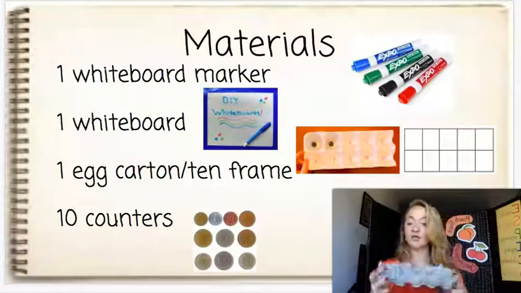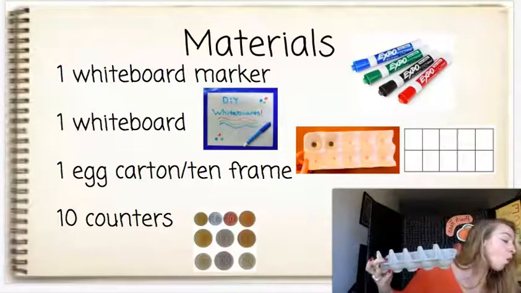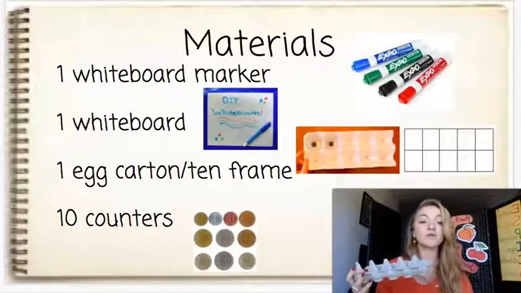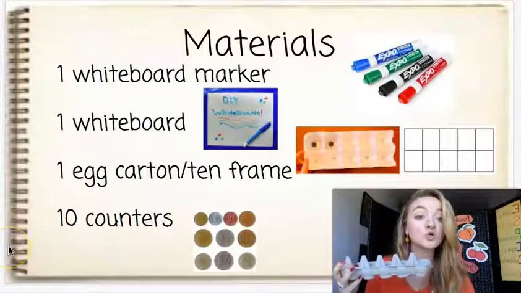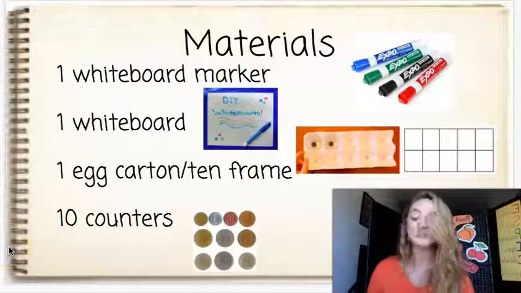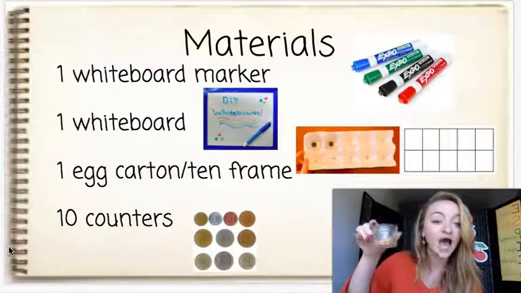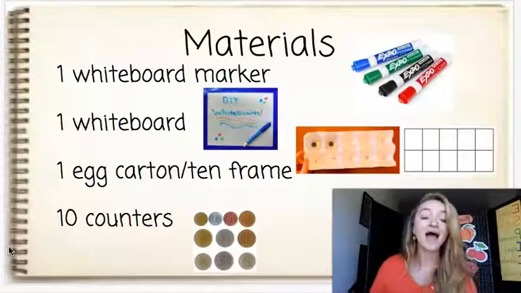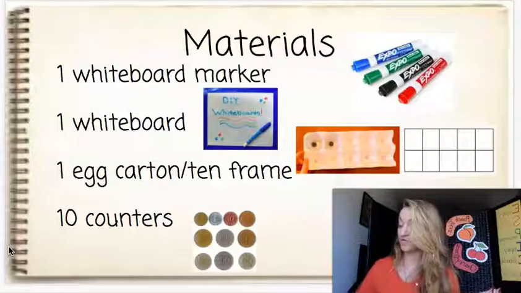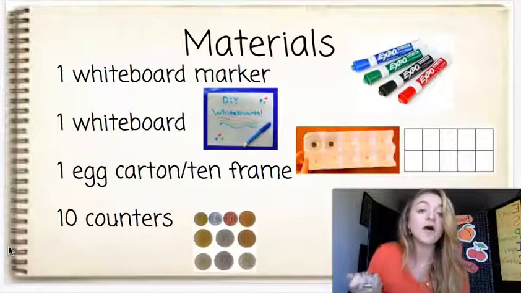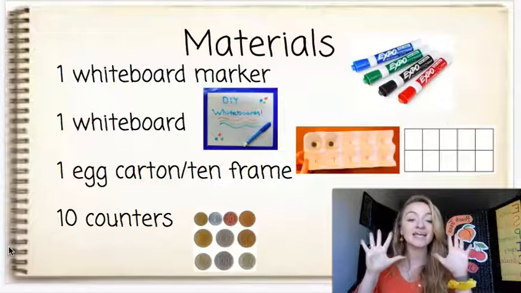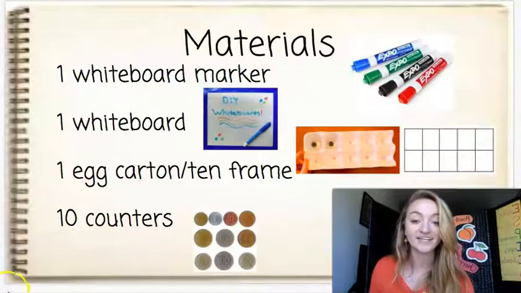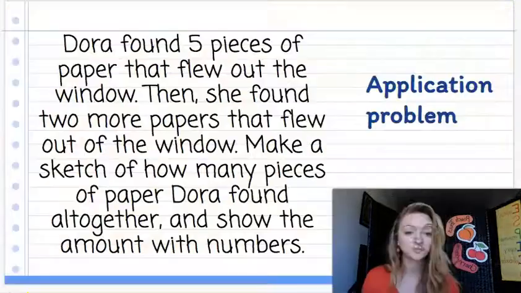You might have made an egg carton. Maybe you did. Or maybe you made a paper plate frame. You could use that too. And also make sure that you have 10 counters. Today, I'm going to use macaroni, but I'm not sure what you used for your counter. You could have also used coins, but you're going to need 10 counters. All right, let's get started.